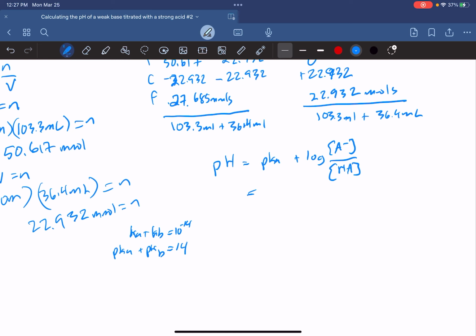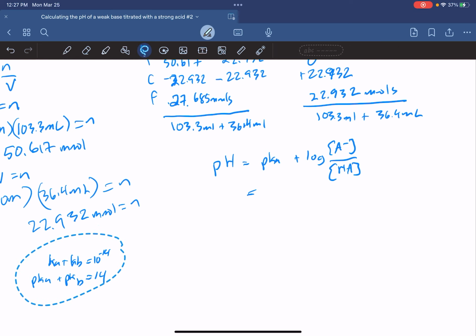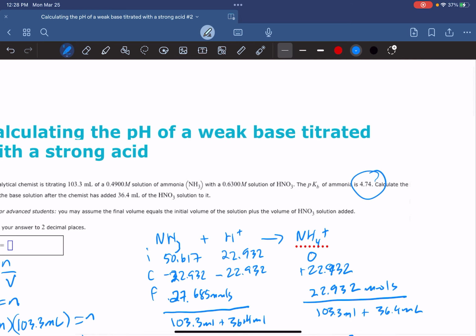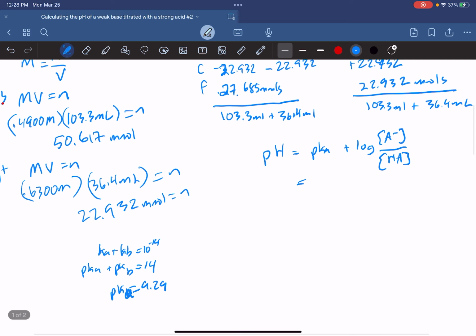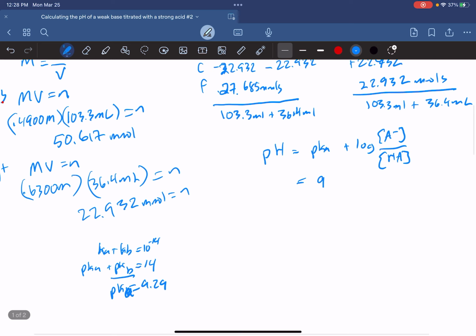So I'm just going to move this over to the side here a little bit. If we do the subtraction between these two, they gave us the pKb, and our pKa is going to be equal to 9.26 because we put the 4.74 in right here. So our pKa over here is going to be 9.29.